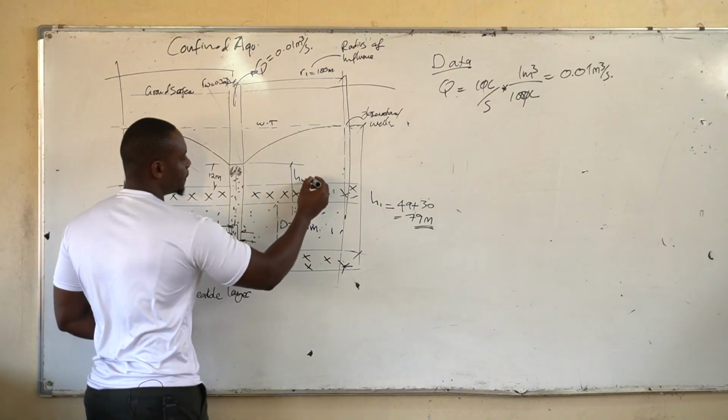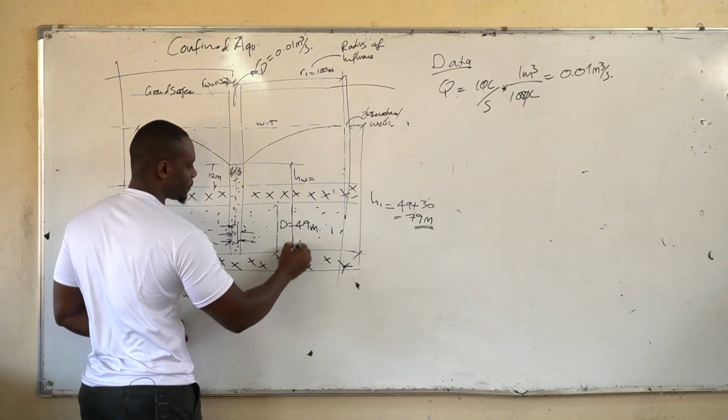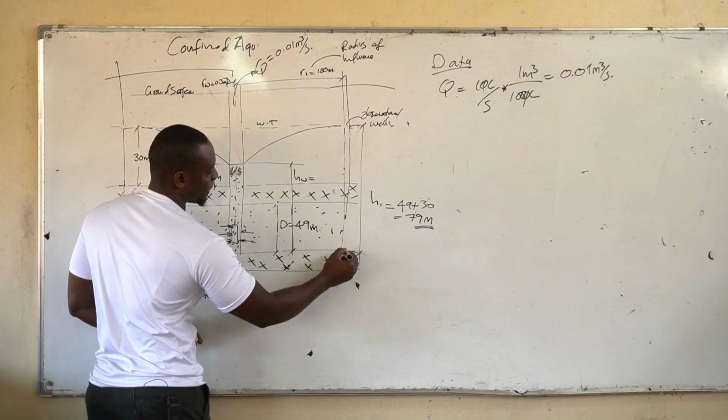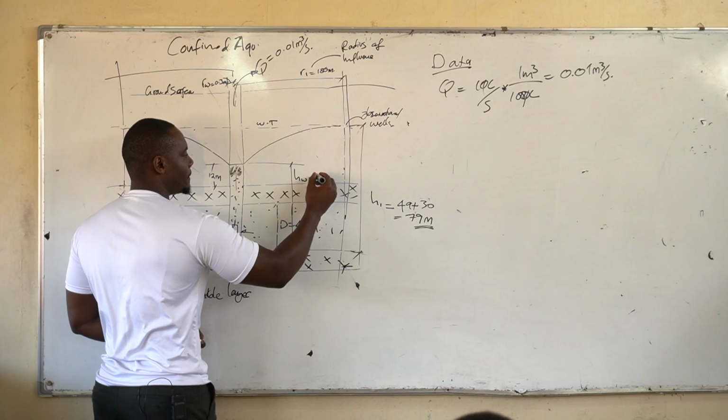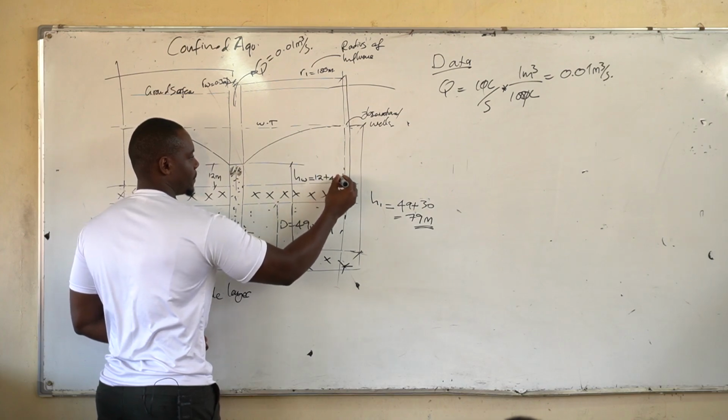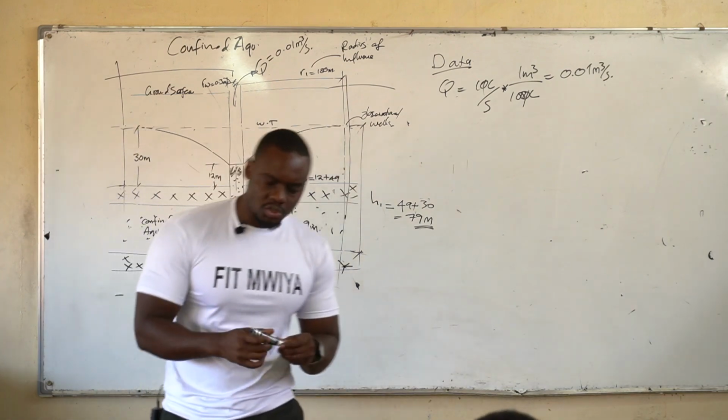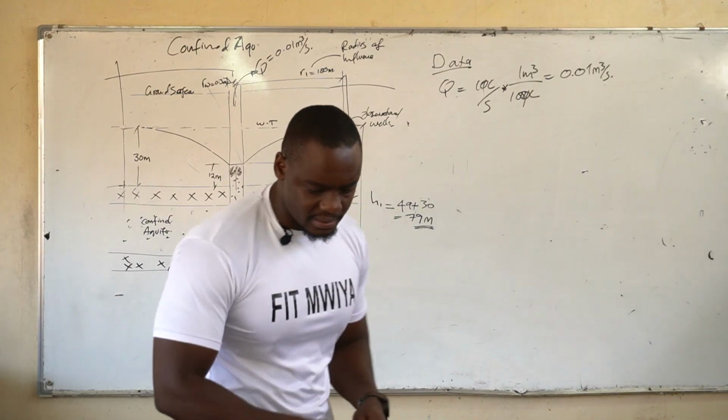What will be your HW? How do we get the 61? Are we together? So once you do that, the rest is basic.